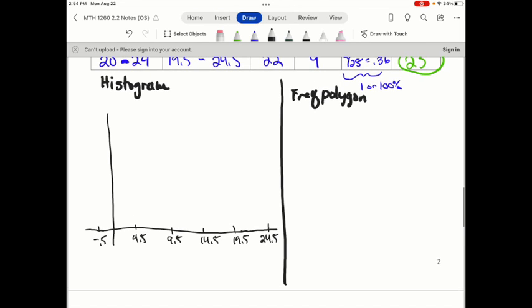Now, this data represents, if you read the information in the problem, the number of hours playing video games. So down here, I'm going to label this as number of hours playing video games. It's very important that you label your graphs. And then on the side here, I'm going to label this as my frequency, because that's what we're going to graph here.